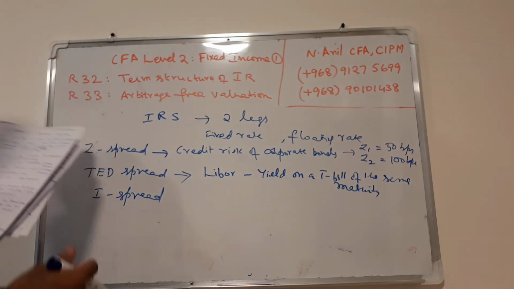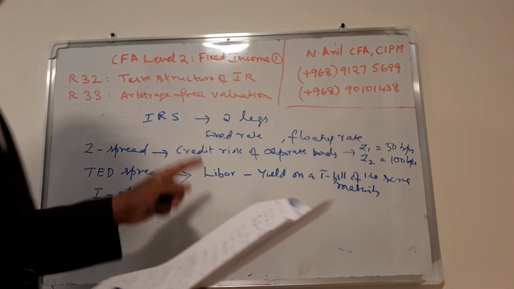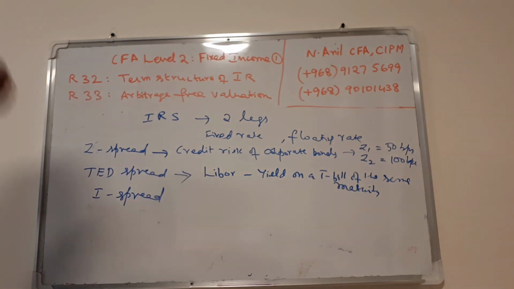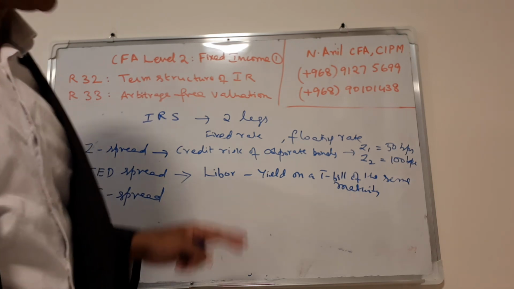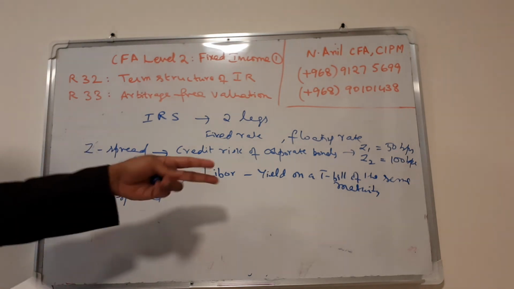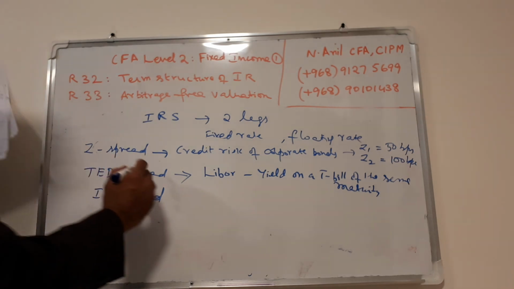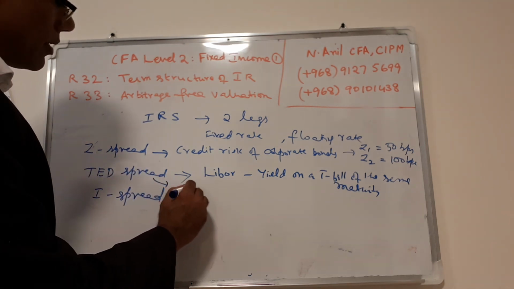So it is an indicator of the perceived credit risk in the general economy. Like during the 2008 financial crisis, this spread must have been quite high, whereas currently it's low. So this is a measure of counterparty risk.